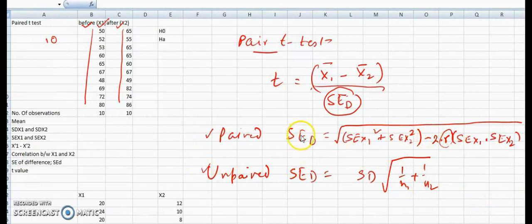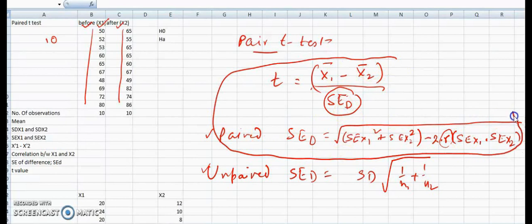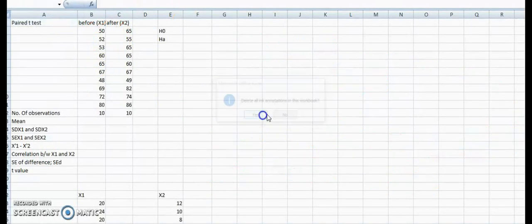Now let us examine, using this particular equation, how the value of the t-test can be calculated with these two data. Let's clear these all and start the process.